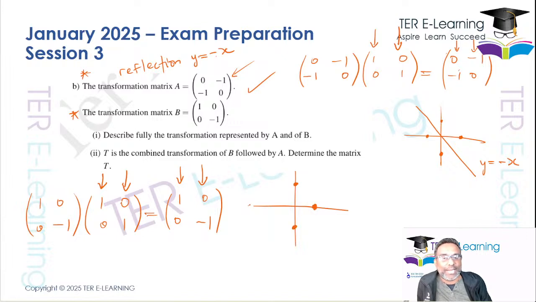So what's actually happening here seems to be a reflection. It's a reflection in the line y is equal to 0, or the x-axis. So this here is a reflection in the x-axis.